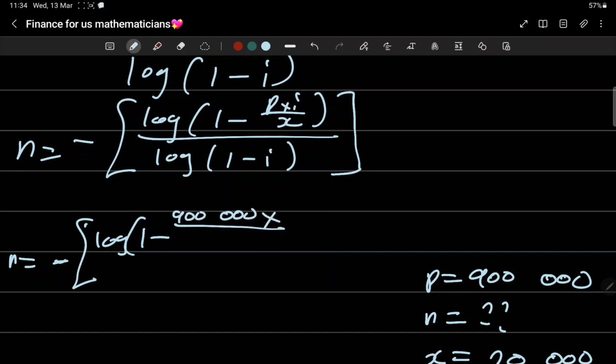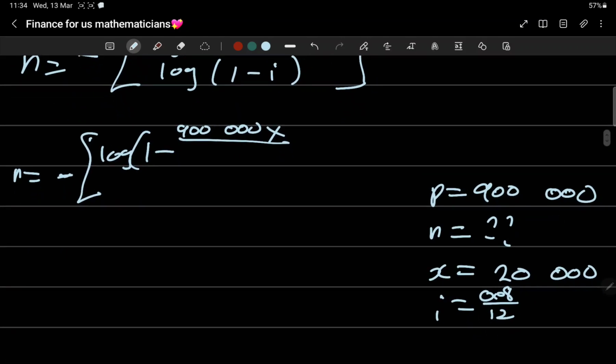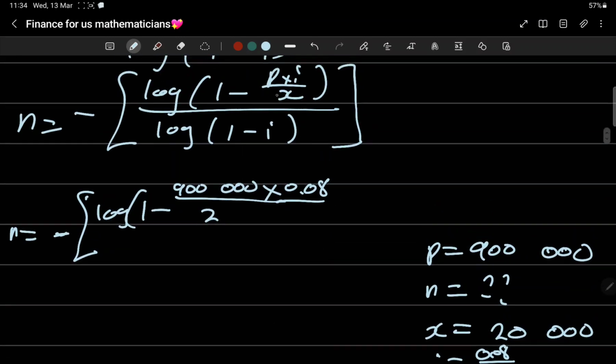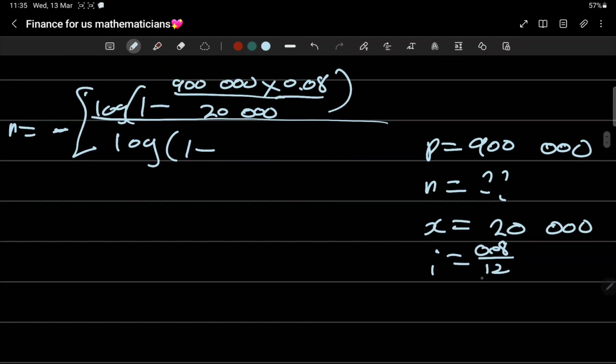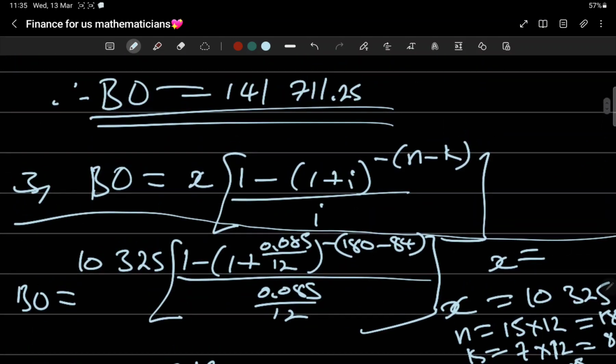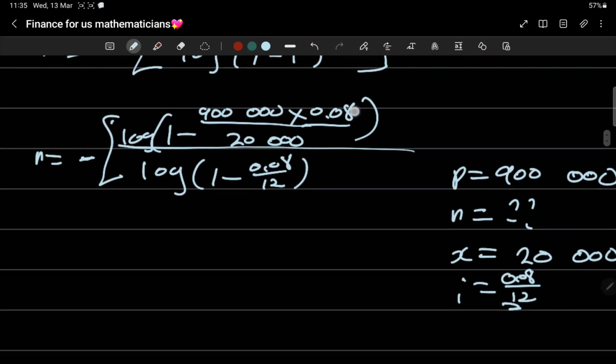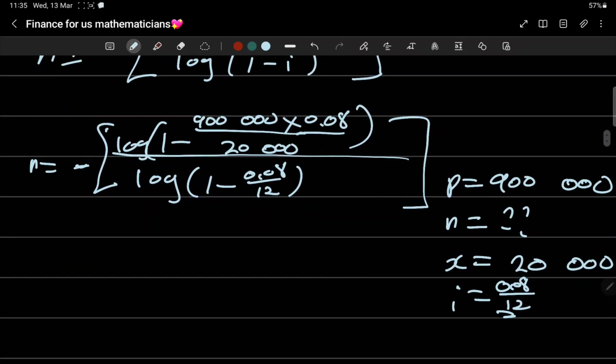Remember, we're trying to see how long it will take to pay this loan if he pays 20,000 instead of 18,248.08, over X, which is 20,000, close the division line, over log of 1 plus I, where I is 0.08 over 12. Just to be sure, 8% per annum, so it's still good. Then press your calculator.